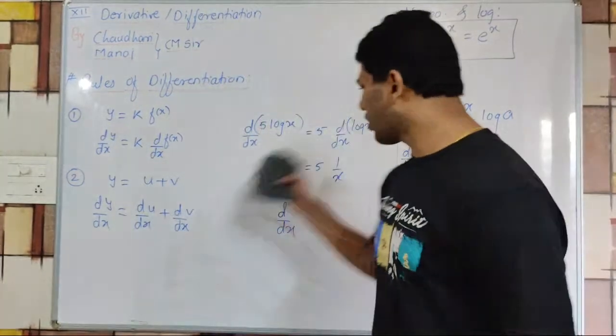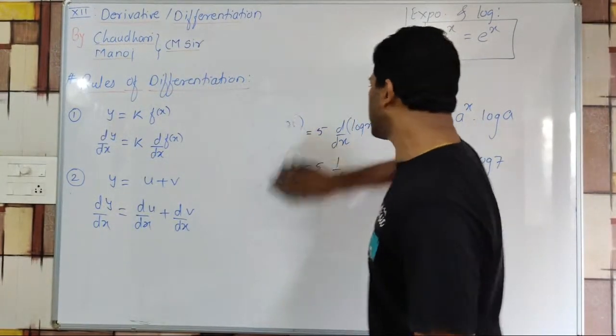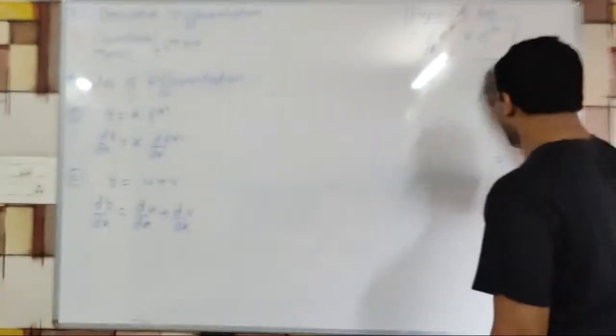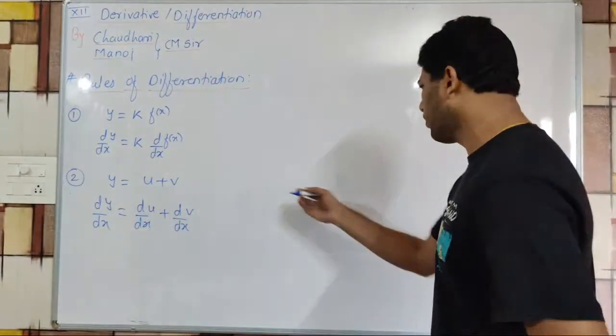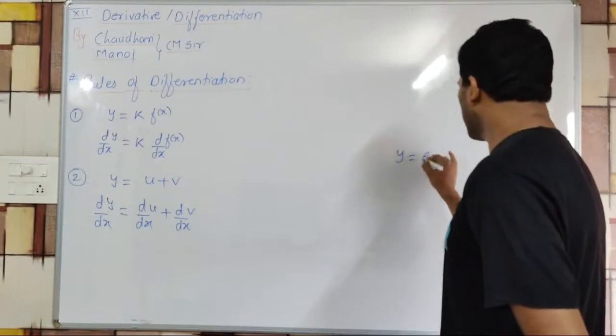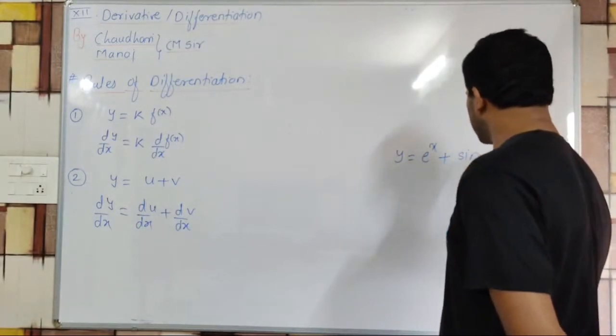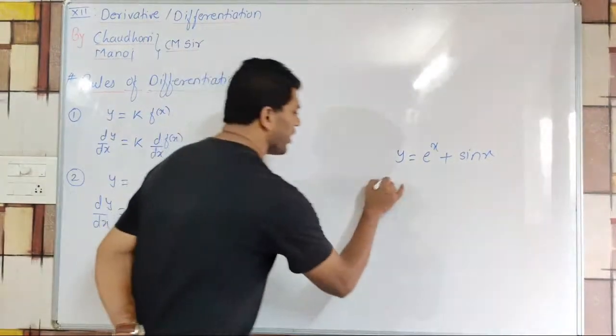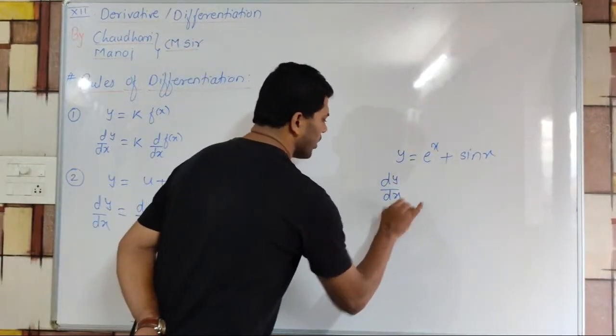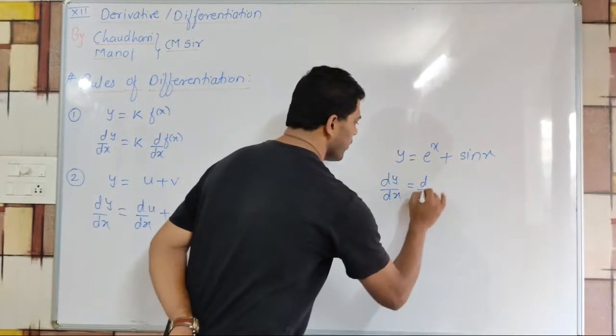The simple meaning is: if two terms or two different functions are present in addition, then you have to take a separate derivative. Let me give you one example. If it is y equal to e raised to x plus sin x, you observe that these two different functions are present in addition, so differentiate them individually.